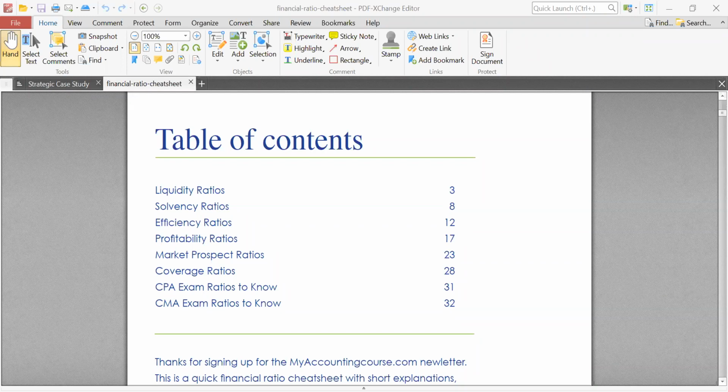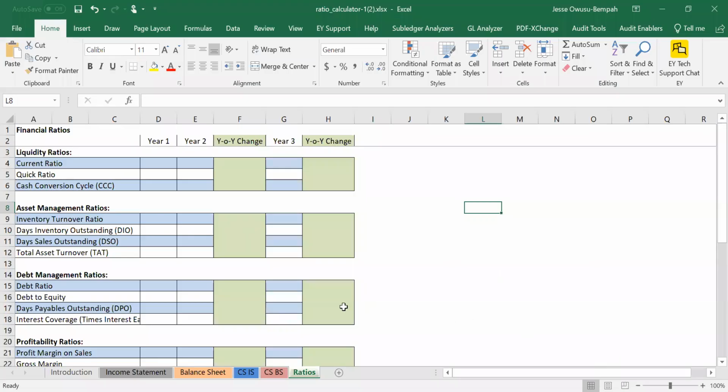Let me show you how it looks before we move on. This is how it looks.